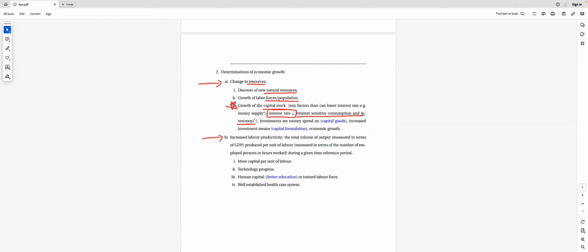And strictly, the definition of investment is the money spent on capital goods. If the interest rate can be lowered in your country, Starbucks will borrow more money to buy more coffee makers. Air Canada will buy more airplanes.